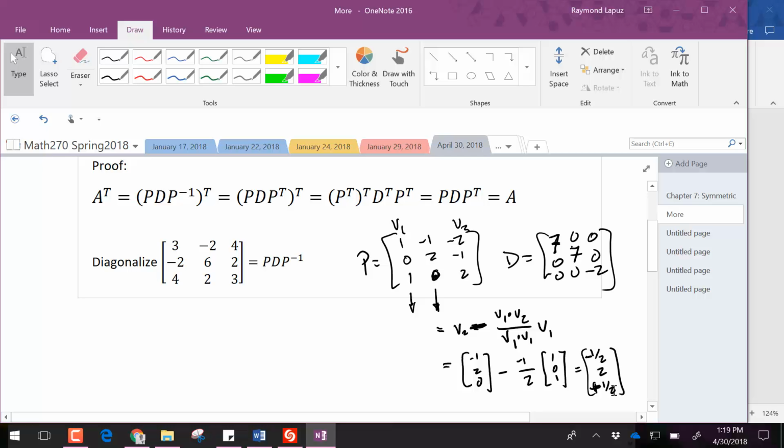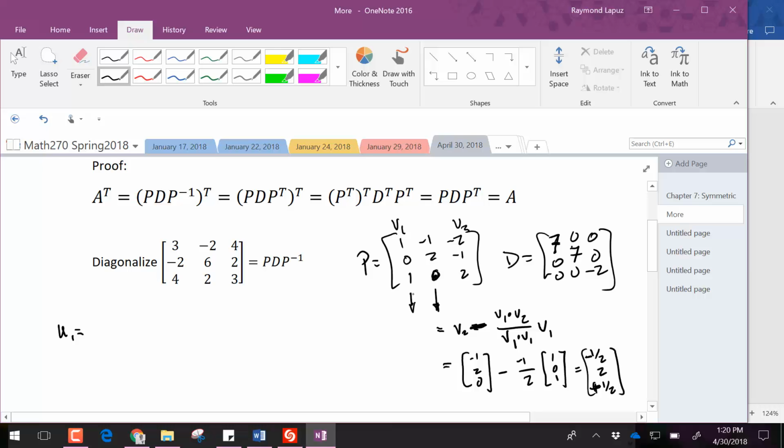I lost it already. Where am I? Is that 0? That's 0. Okay. So the idea is to check to make sure that V2 is going to be perpendicular to V3.